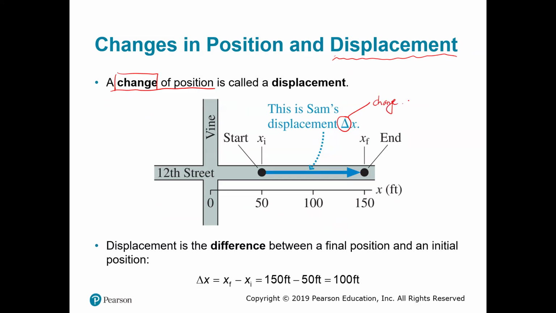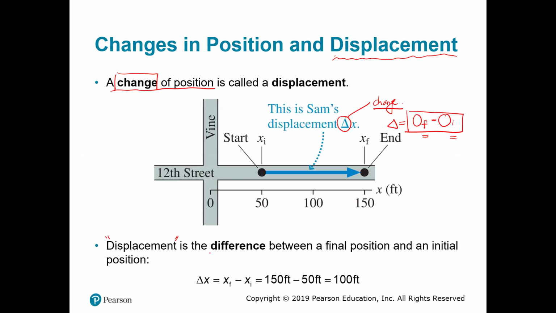Whenever we see the change or difference between two quantities of a physical quantity, it's always something final minus something initial. This is the definition of a change of something, delta. Okay? So always final minus initial. Okay? So displacement, a very important concept.